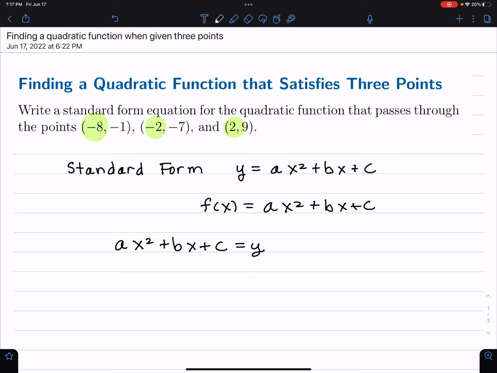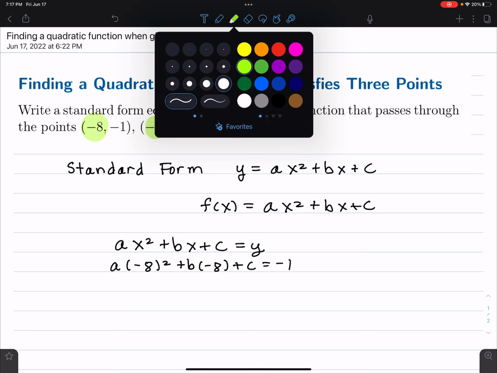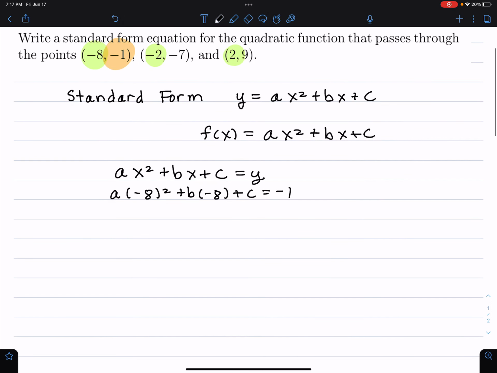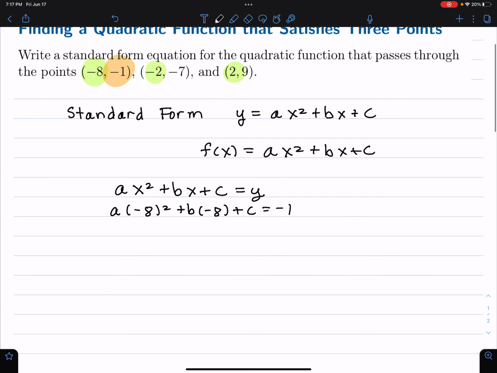Okay, so going to the very first one, this is saying if I put in -8 as the input for x, then the output is -1. That's what this information tells us. Let me go on to the next one.